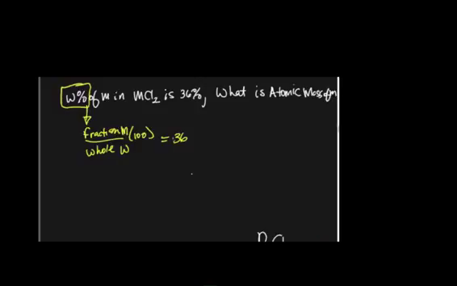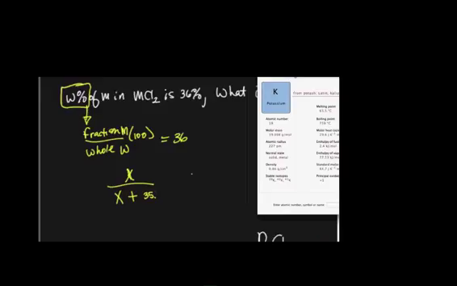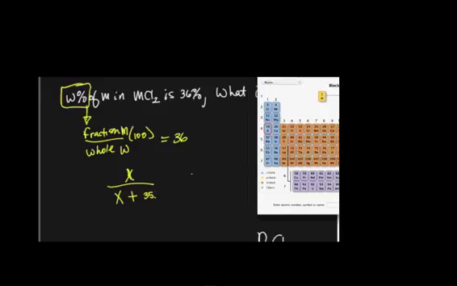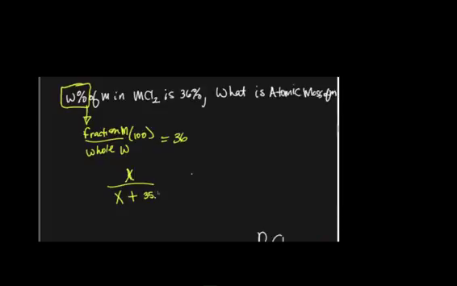So we don't know what M is. We'll just call that X. And we do know chlorine has a mass of 35 point something. Is it 453? It's 35.45. Yeah, look at that. It's pretty sad.